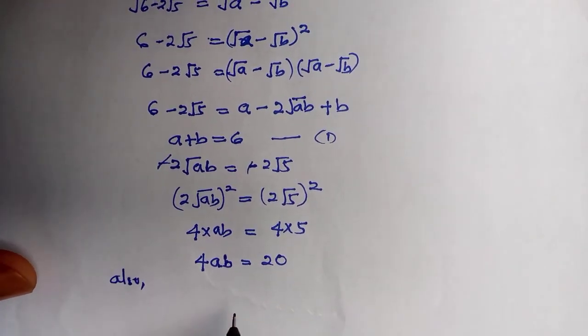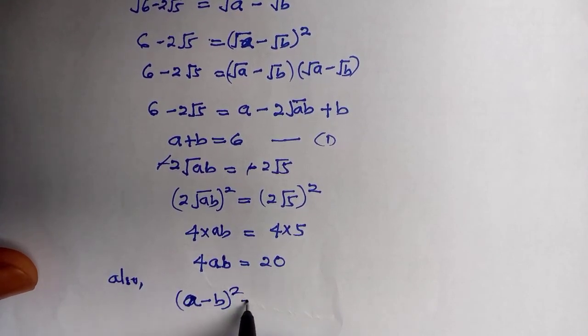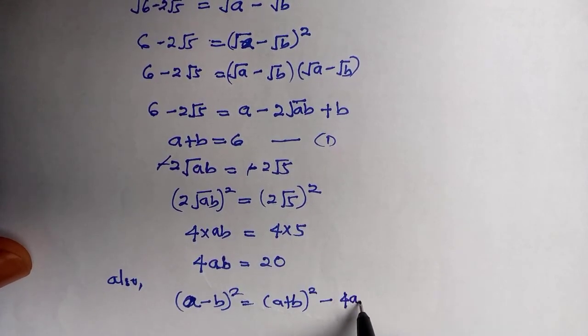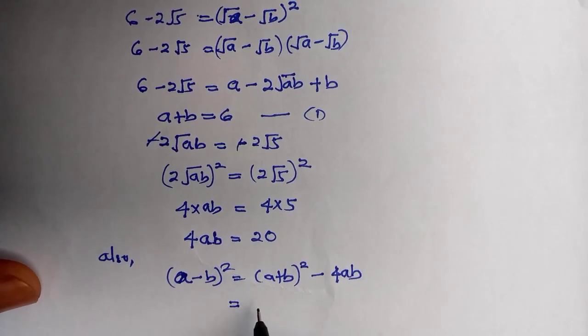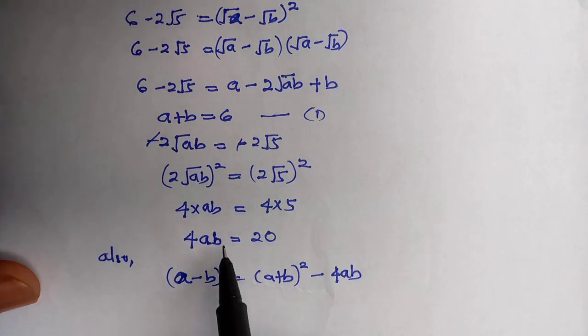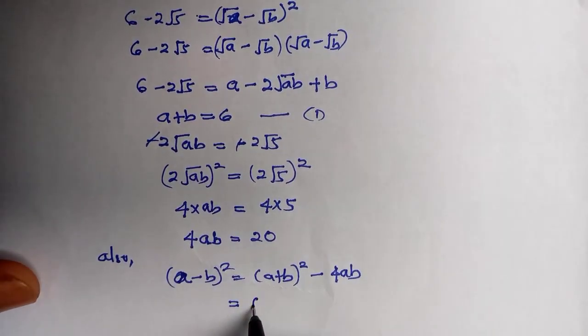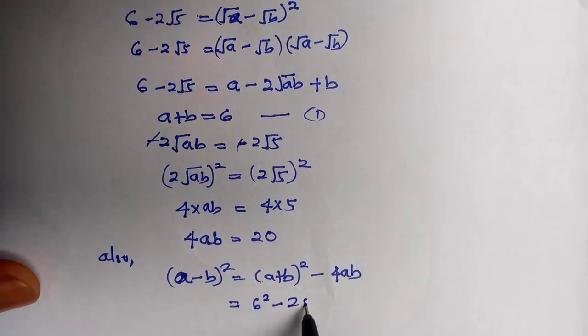Also, from the assumption I used above, if you have a minus b all squared, it equals a plus b all squared minus 4ab. Applying the same method, a plus b equals 6, right? From equation 1, that is 6 squared minus, and 4ab is 20, right?